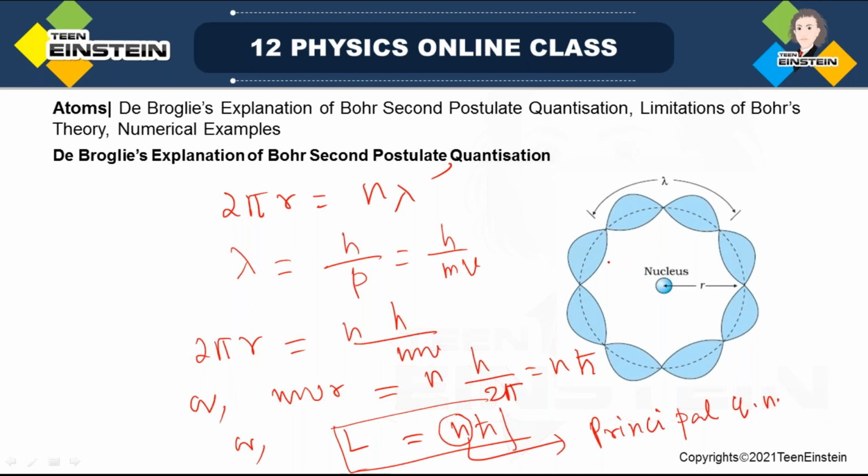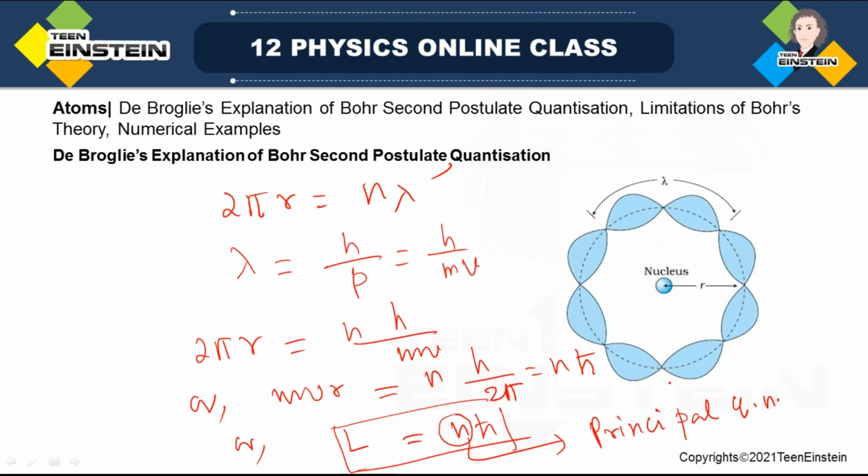I'll just repeat it quickly. If we consider an electron revolving around a nucleus in the orbit of radius r, this particular orbit can be called a stationary orbit when there is a resonance condition.